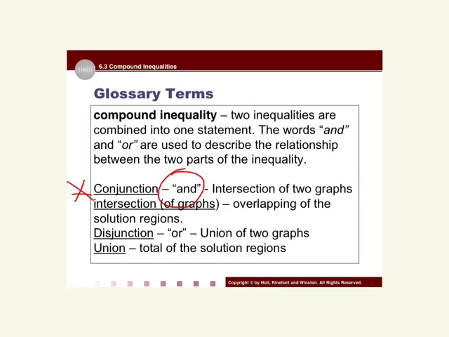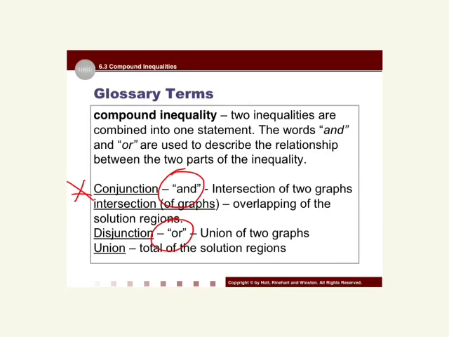If you were to graph both inequalities on a number line, where would the two graphs overlap? Intersection, obviously, is the overlapping of the solution regions. Now, if the word between the two inequalities is or, then it's called a disjunction, like they're disconnected. And this is the union of the two graphs. And the union is the total region of the graphs. All right?